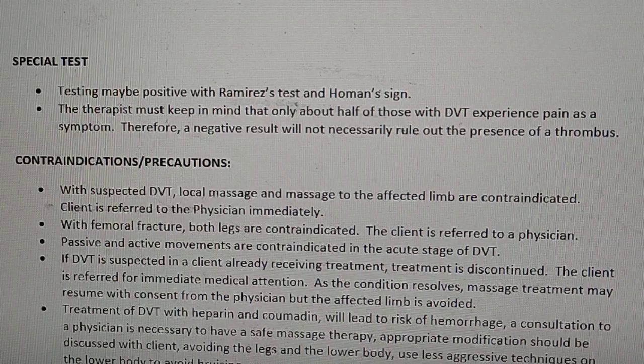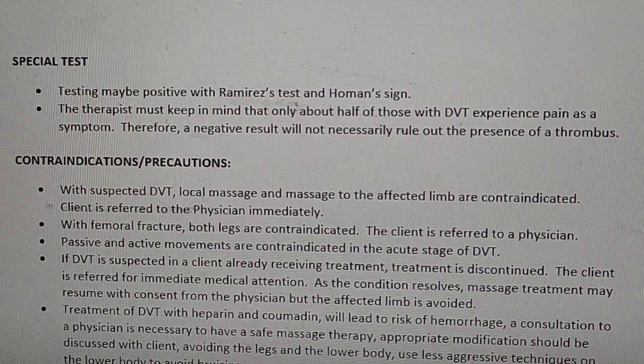Now let's discuss the contraindications or precautions in treating deep vein thrombosis and possible varicose veins. With a suspected DVT, local massage and massage to the affected limb are contraindicated. You never massage a client with a suspected DVT local to the area.